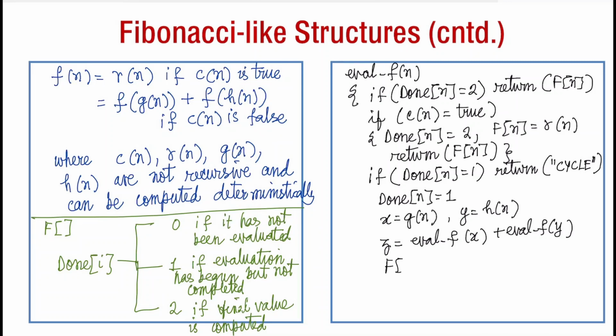Then we set f of n equal to z, then we set done n equal to 2, and we return f of n. This way we also detect cycles, and if required we could also memorize the values of rn, fn, gn, hn, cn and everything else. But this is how we have discussed how to evaluate this problem.